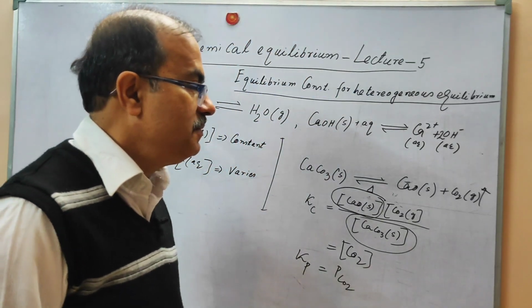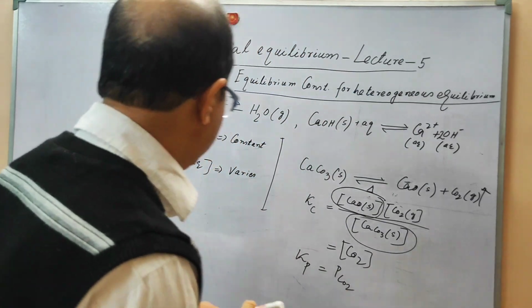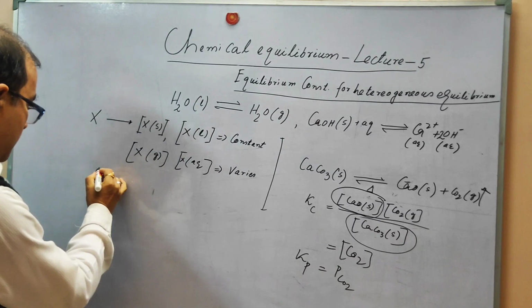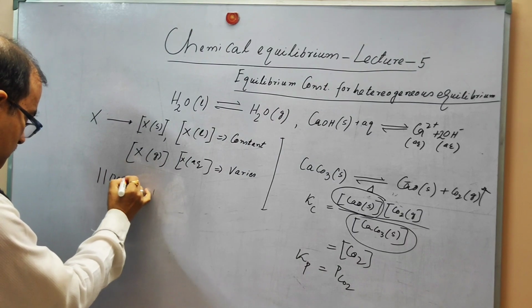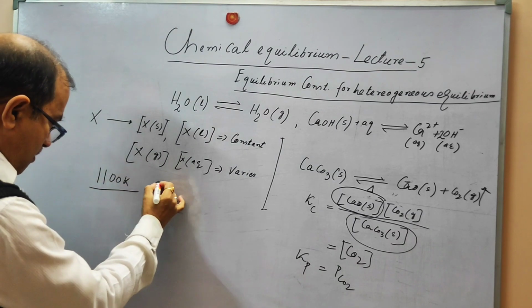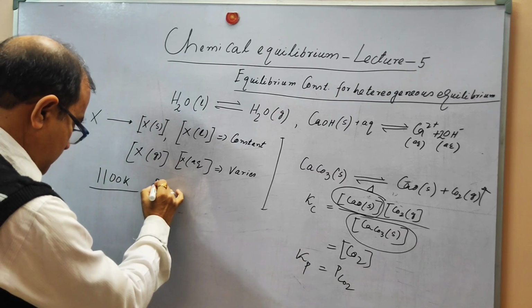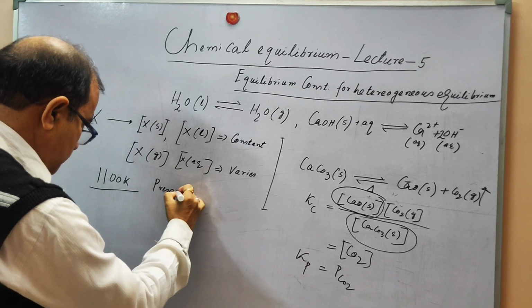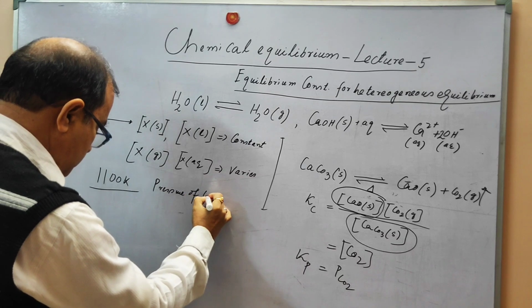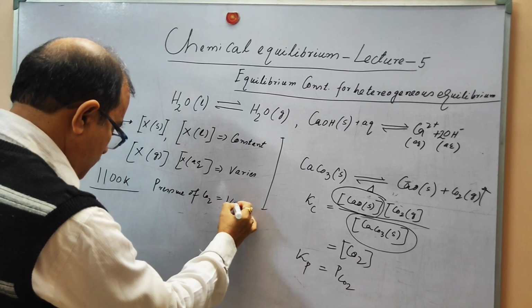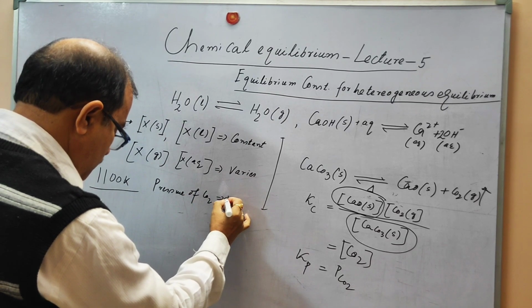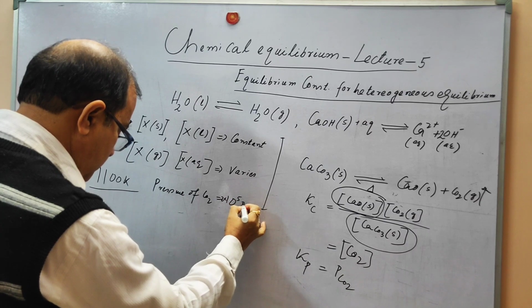It has been observed that at a temperature of 1100 Kelvin, the pressure of the carbon dioxide gas is normally found to be 2 into 10 to the power 5 Pascal.